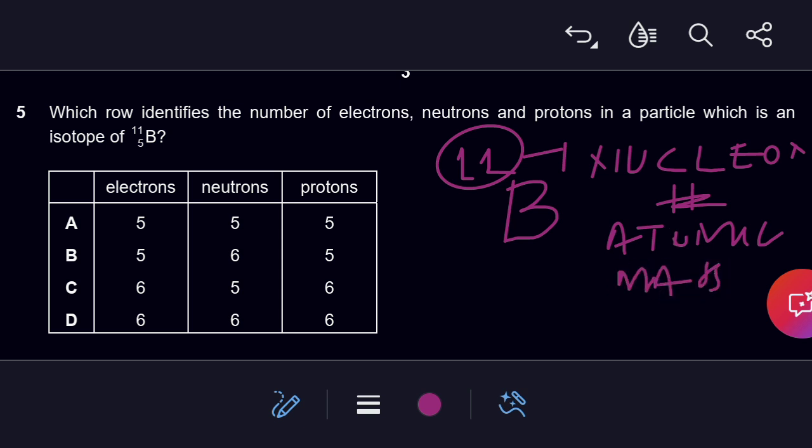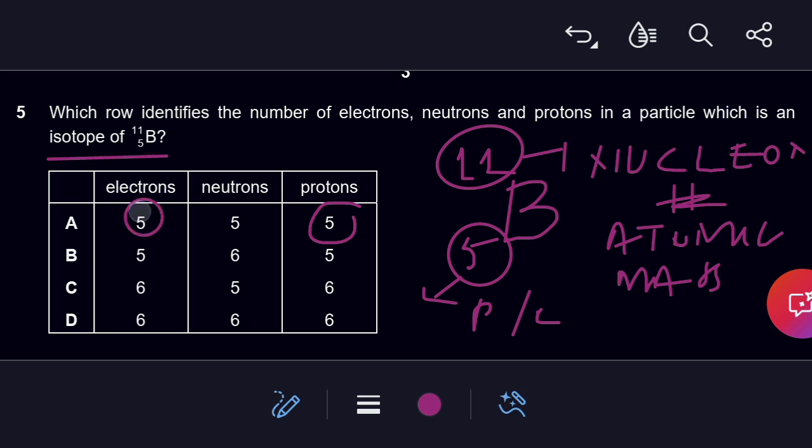Okay, and 5 is its proton number, that is the number of protons and electrons in the atom of an element. So over here, first of all, we have to look at the proton number. Proton number will be 5. Electrons will be similar because it is an isotope of an element. So protons and electrons are always equal in a neutral atom. So protons are 5, electrons are also 5, and option B is also close, 5 and then 5.